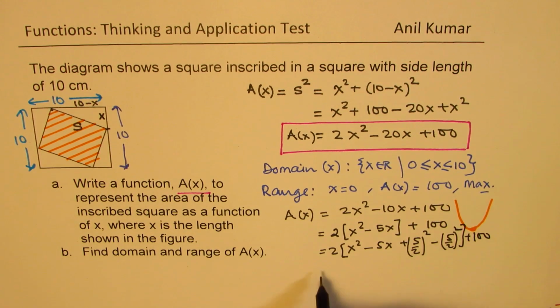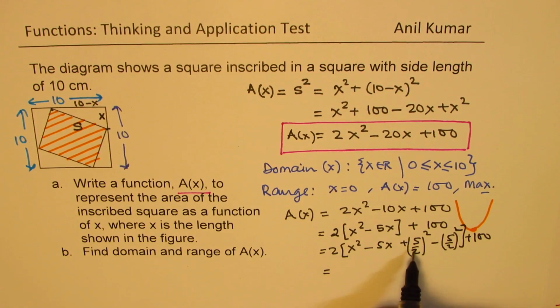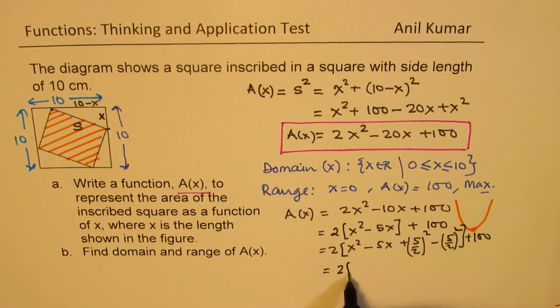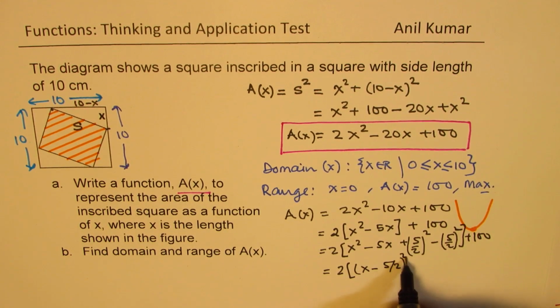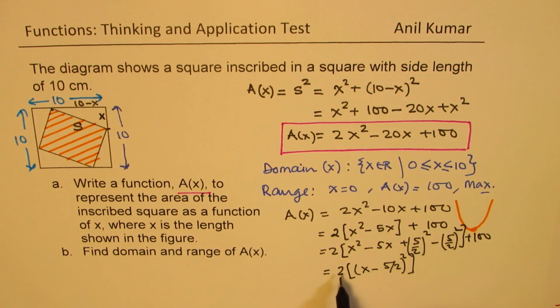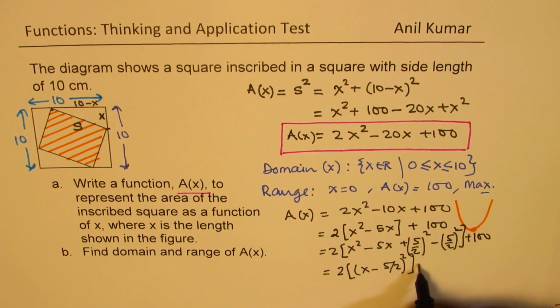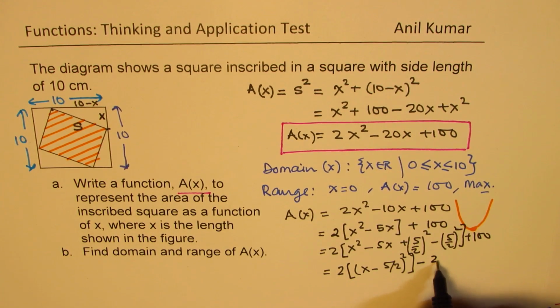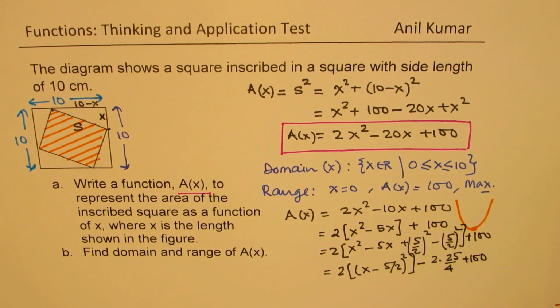Now, these three terms become a perfect square, so we can write this as x minus 5 whole squared, right? So that 2 gets multiplied with this, and 2 also gets multiplied with that term, which is minus 2 times 25, plus 100, correct?